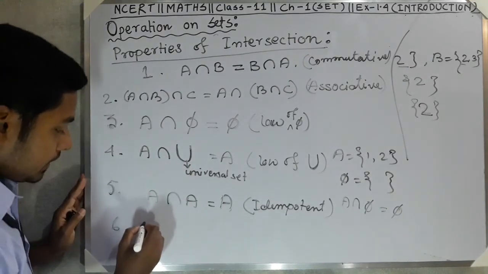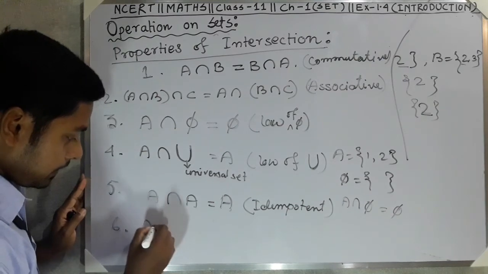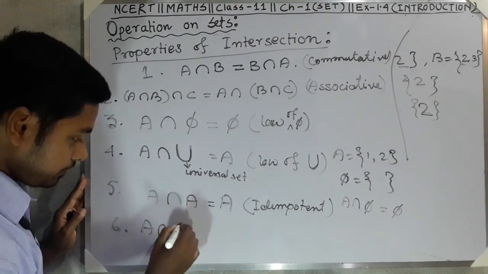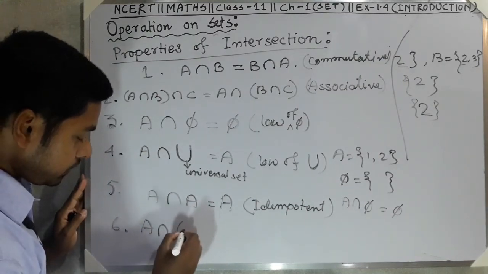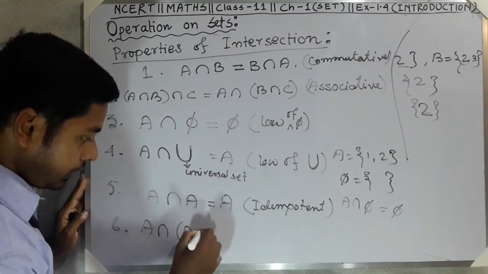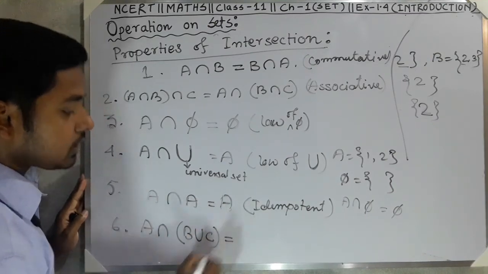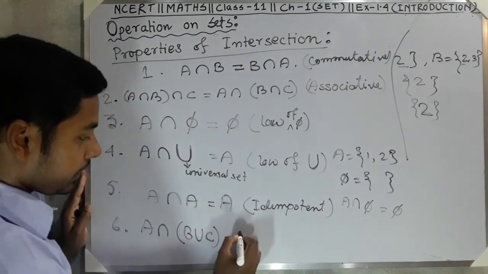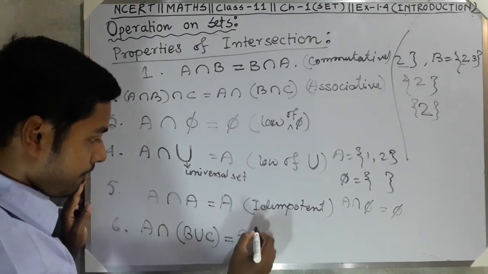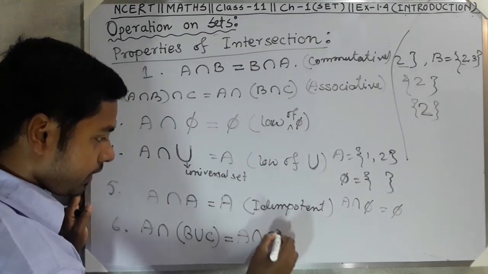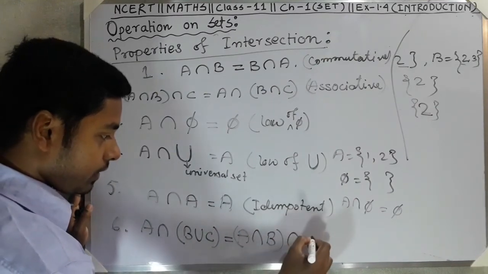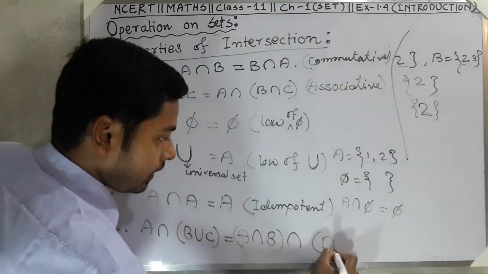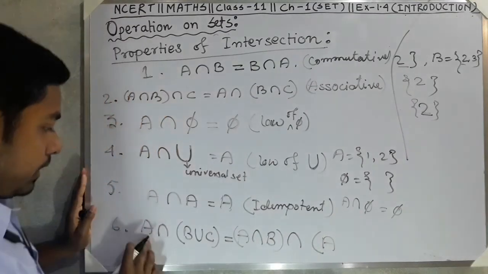And the last property is the distributive property, that is A intersection (B union C) is equal to what? We can tell (A intersection B) union (A intersection C).